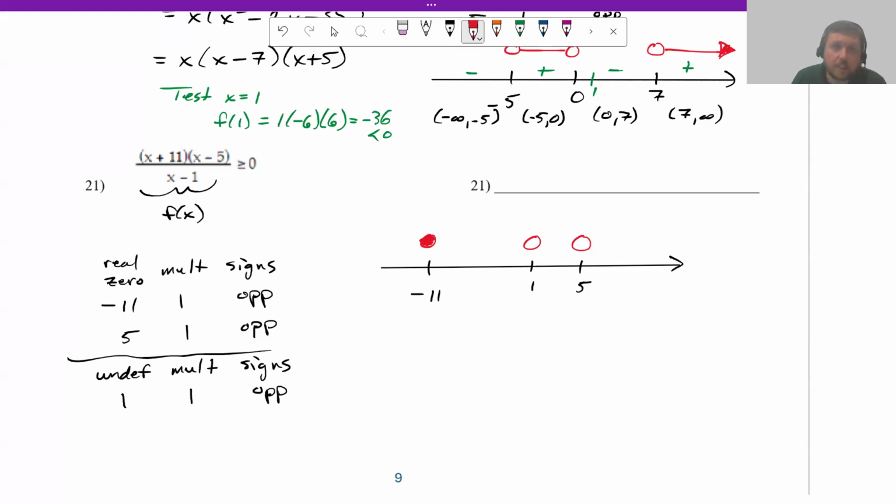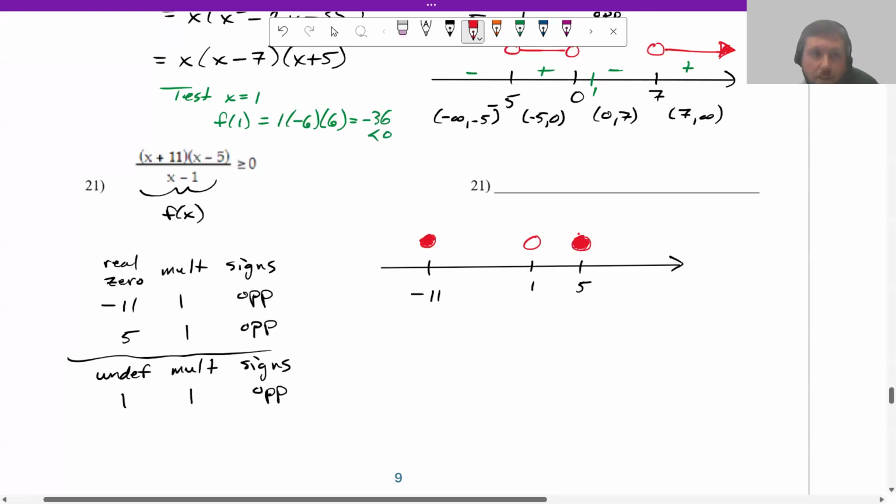So we absolutely cannot plug 1 into the function. It's important, though, as a boundary. And then positive 5, we can plug into the function. So the function is fine if we do that. That 5 is in the domain of f of x. Okay, so we've established that.